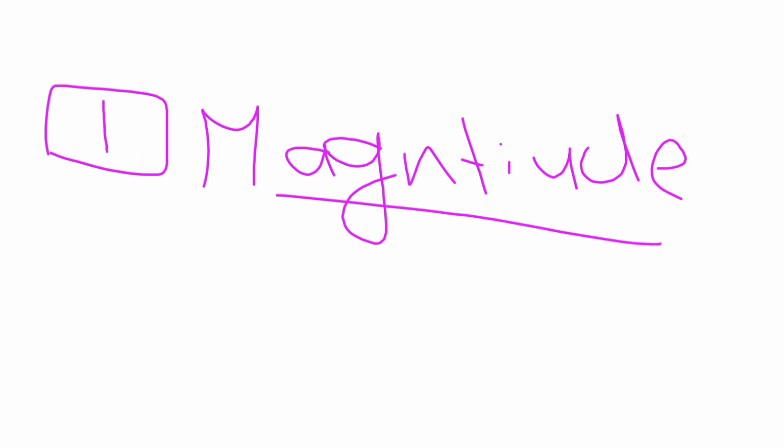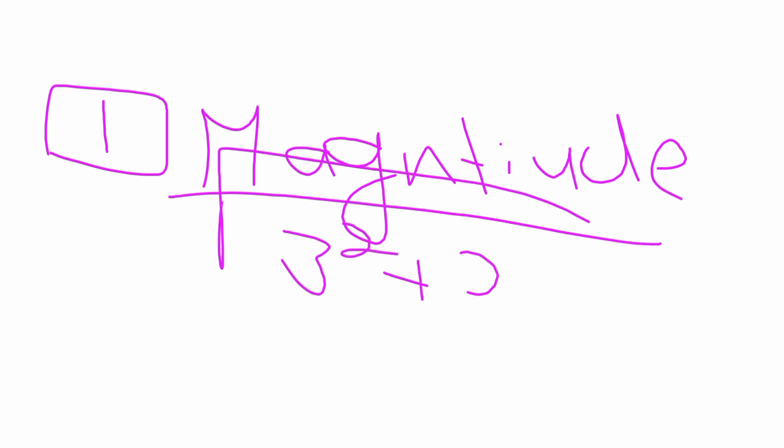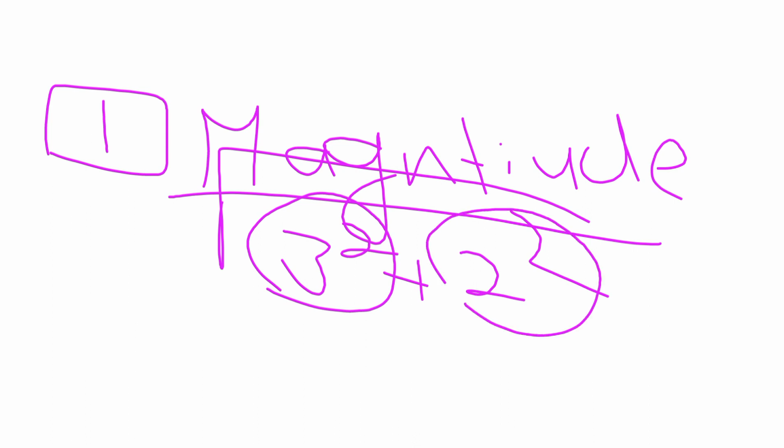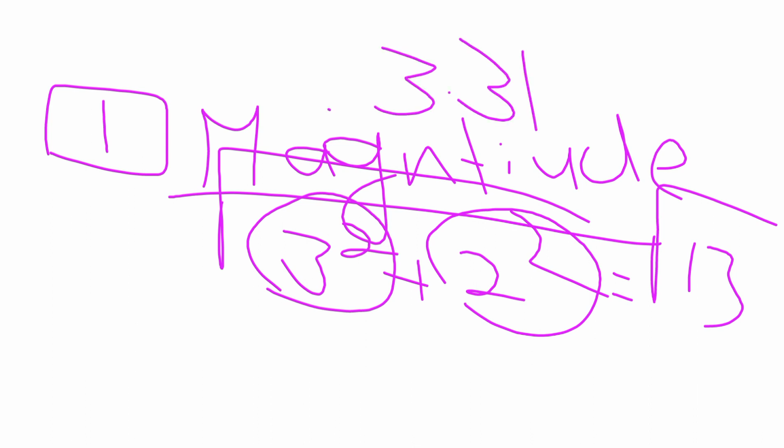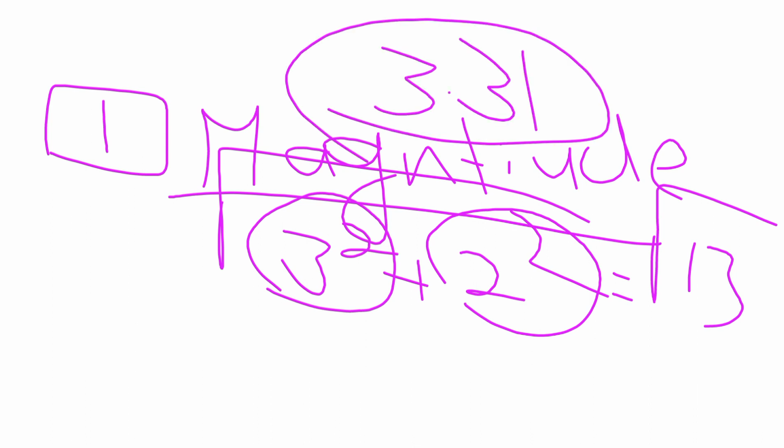The magnitude of this vector equation is root 3 squared plus 2 squared, which equals root 13, since 9 plus 4 is 13, which is 3.61 when plugging into the calculator.